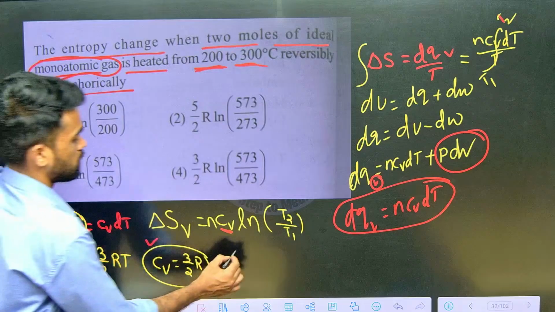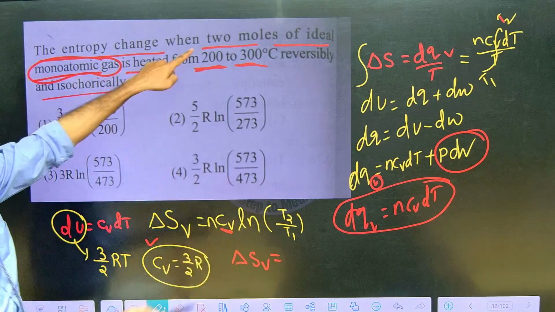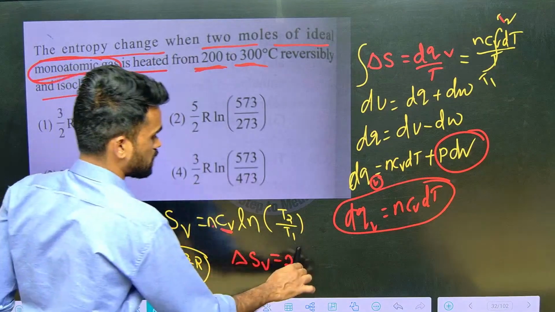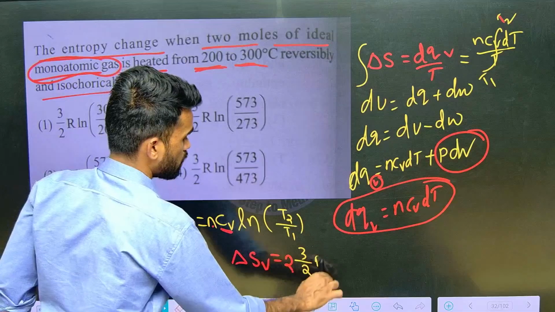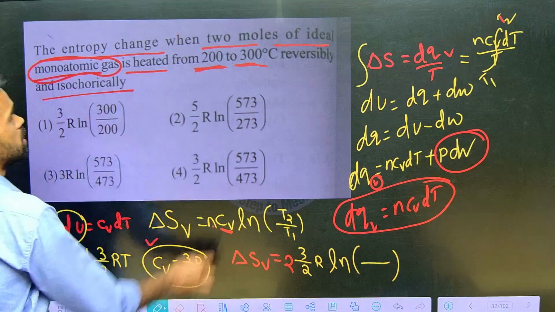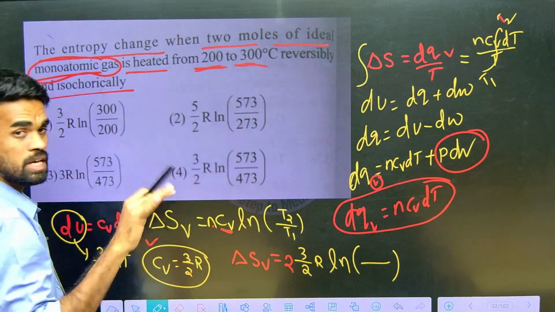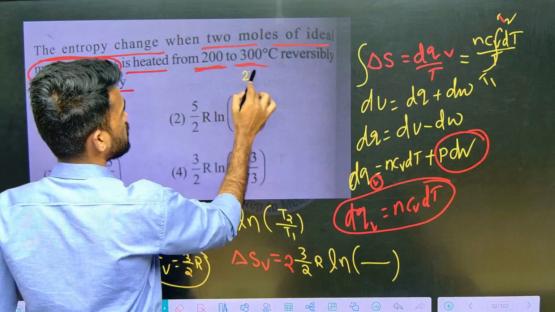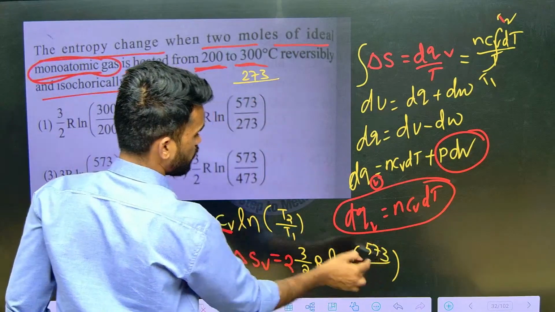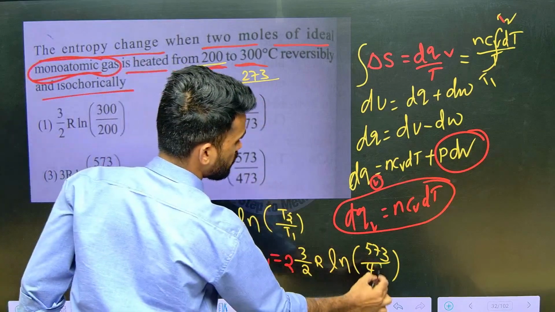Right. So delta S is equal to, how many moles are they saying? For 2 moles, n equals 2. Cv means 3 by 2 R ln T2 by T1. So T2 is how much? 300. There is no degree Celsius, you should use only Kelvin here. 273 plus 300, so it is 573 in the numerator, and 200 plus 273, that is 473, in the denominator.